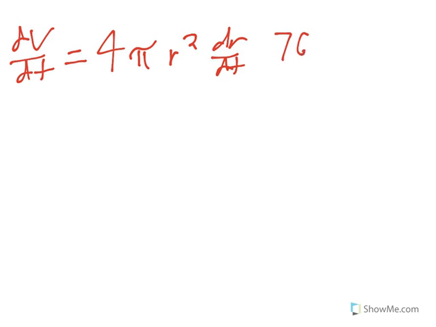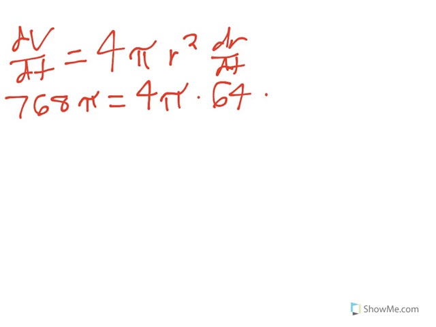So 768 pi equals 4 pi, and we also know the radius, so we'll substitute that in, and it's 8. 8 squared is 64, so 64 times dr/dt.